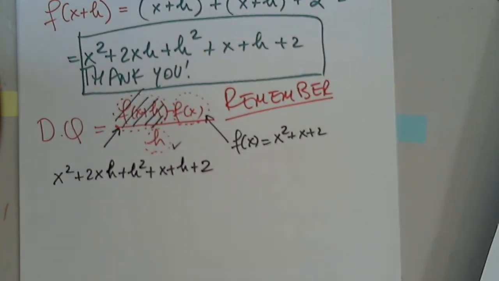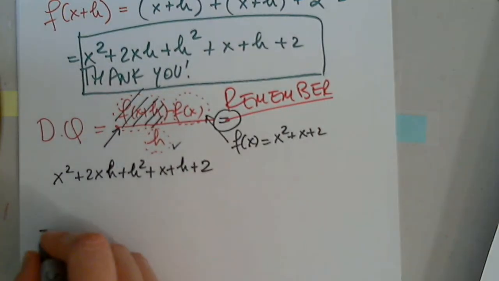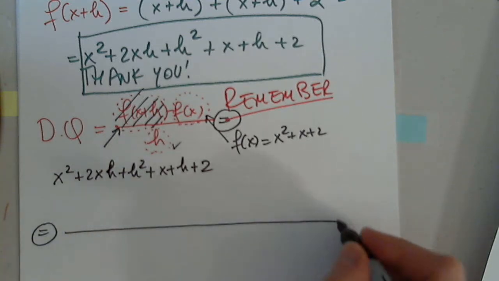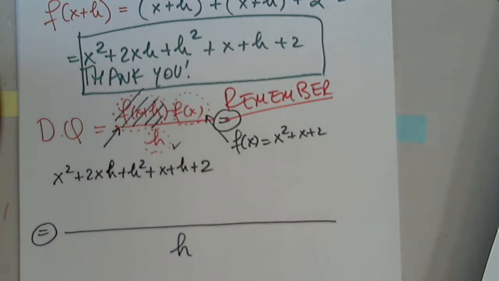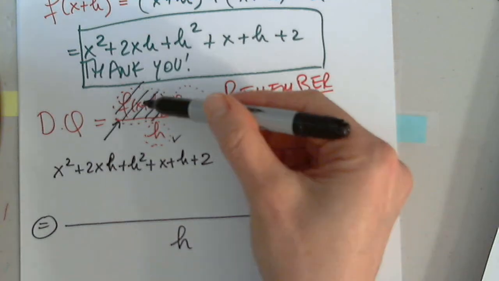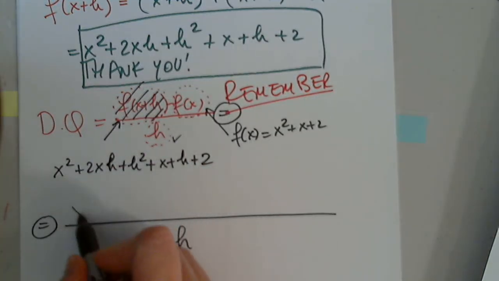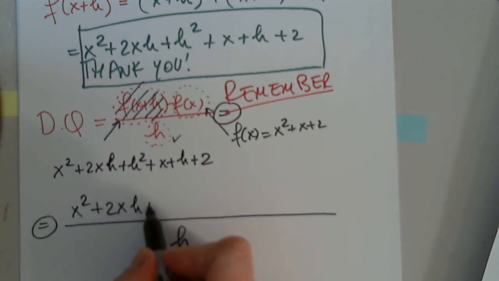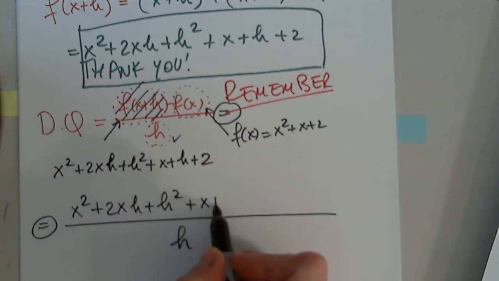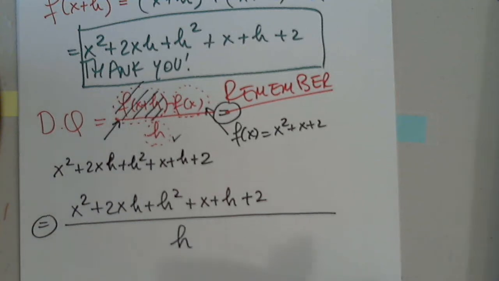Okay, so what's the big deal? Nothing. I will continue. I will put all the pieces together. I will replace f of x plus h with what we just determined: x squared plus 2xh plus h squared plus x plus h plus 2.